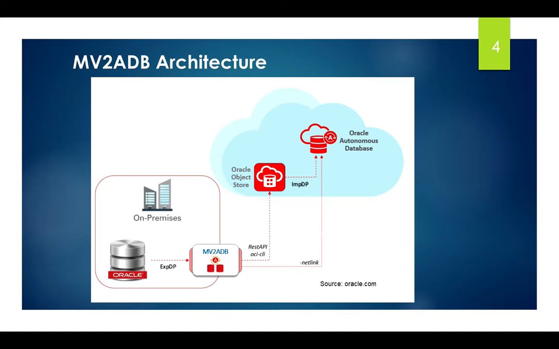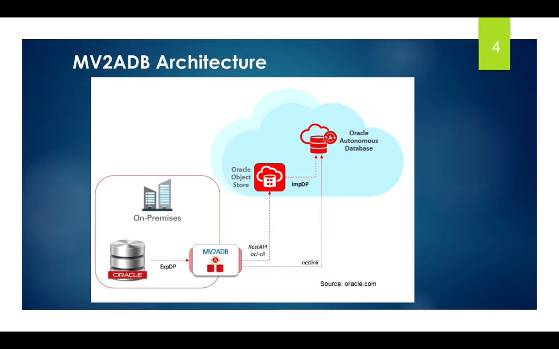In the same instance, you install MV2ADB, and there are multiple steps. The first step is that it will create an export dump, EXPDP. Then it will transfer the export dump into the Oracle object store. From the object store it will do the IMPDP, and move the tables and the data to the Oracle Autonomous Database.